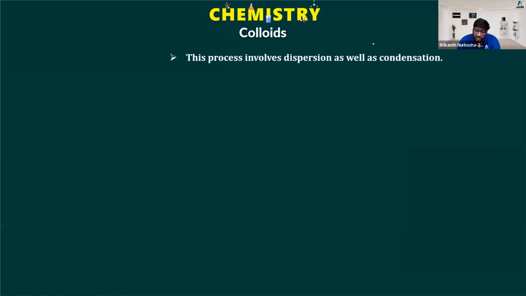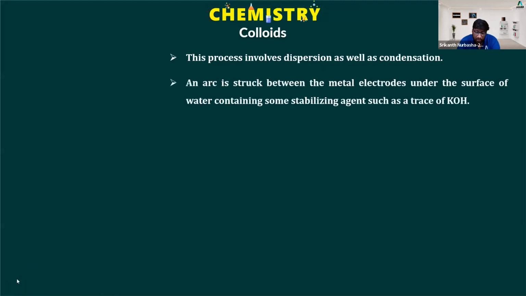This process involves dispersion as well as condensation. Vaporization occurred, an arc is struck between the metal electrodes under the surface of water containing some stabilizing agents such as traces of KOH. We are giving external electrical energy, and because of that, the metal electrodes go into the vapor phase.